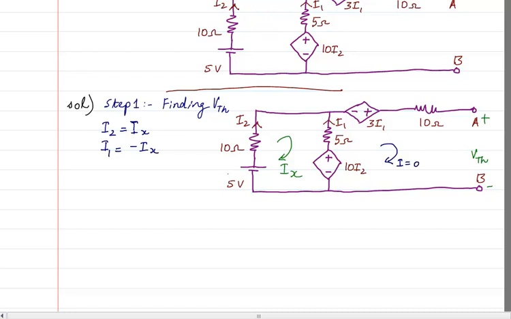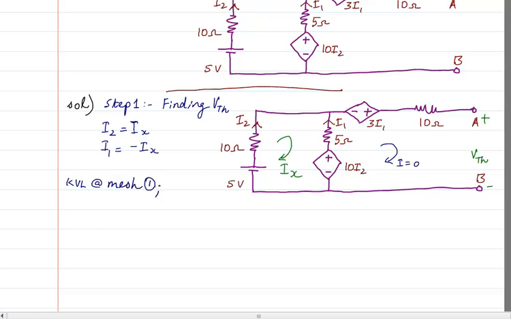So it's only one current, which is IX. So instead of I2 we have IX, and instead of I1 we have minus IX. Okay, so we will substitute that. Now we will write the KVL at loop or mesh 1.